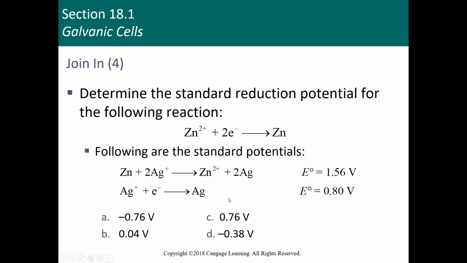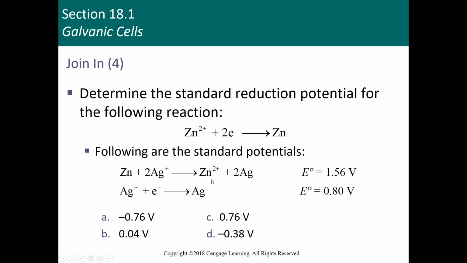And we need to flip this reaction so these species are on the same sides as what we're trying to look at. The first thing we can do is flip that, and that will be a negative value right there. Now the next thing we need to do is our silver here, that's going to be on the correct side, the Ag plus an electron right here, right? And then Ag.